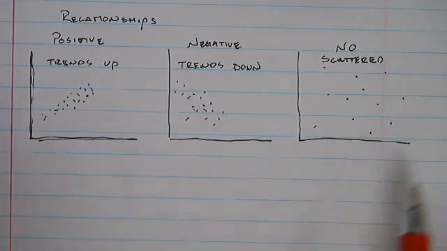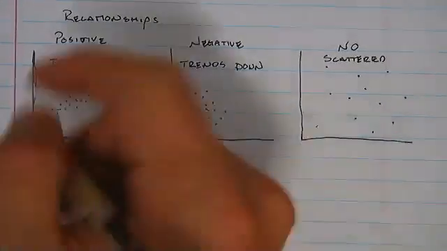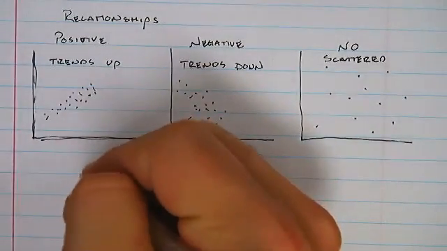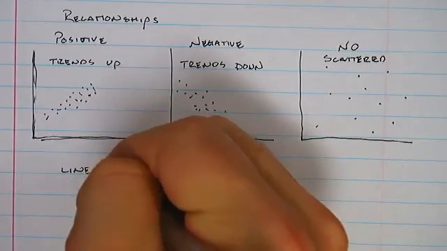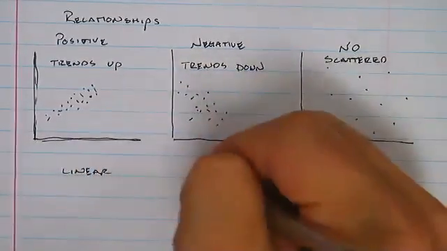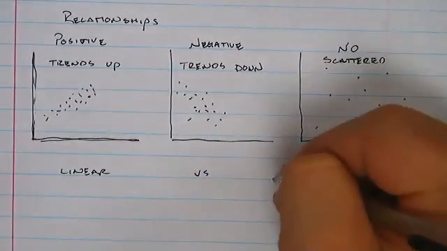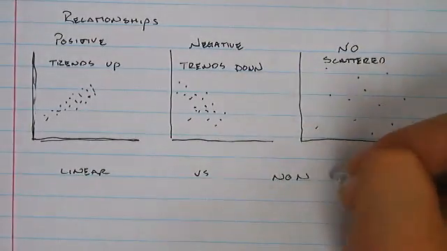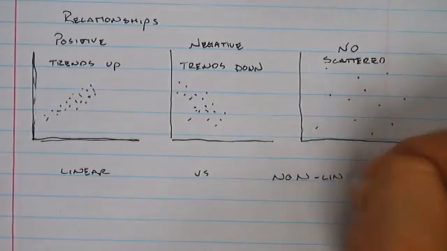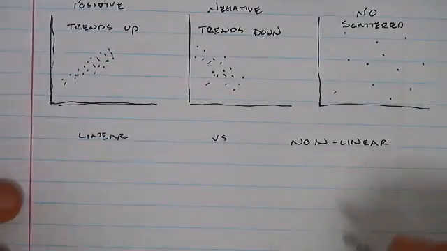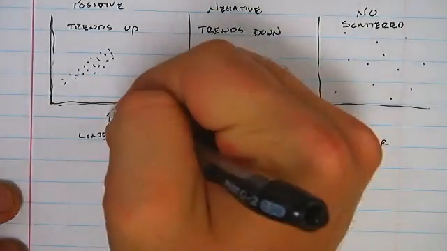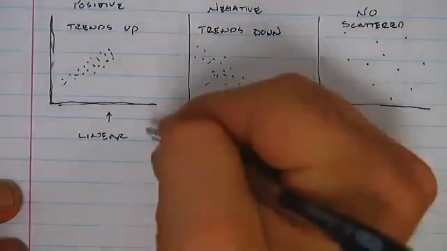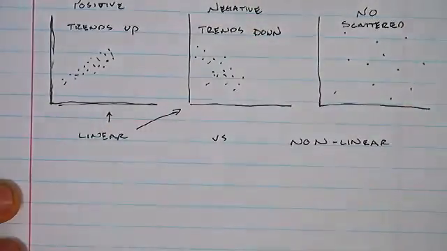Now, beyond that, we could say linear versus nonlinear. As we look at this, what we need to remember is that this is a great example of a linear relationship.